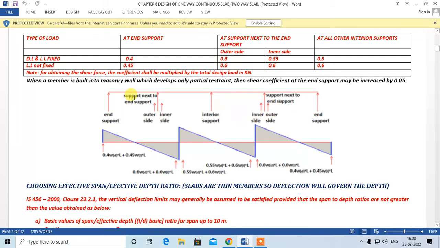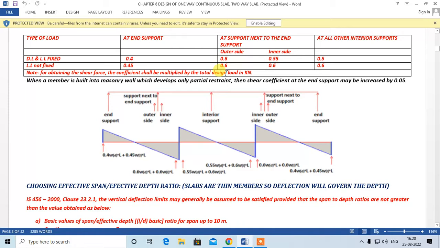Now, how to obtain the shear force? For obtaining the shear force, this coefficient shall be multiplied with the total load, that is capital W. Now we have a UDL, that is small w kilonewton per meter.